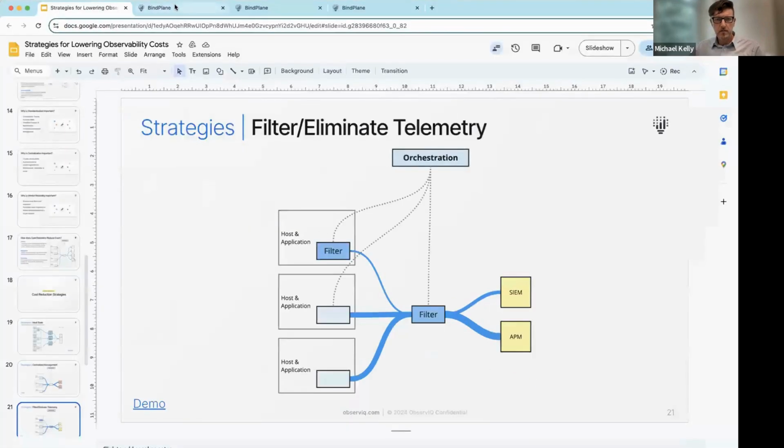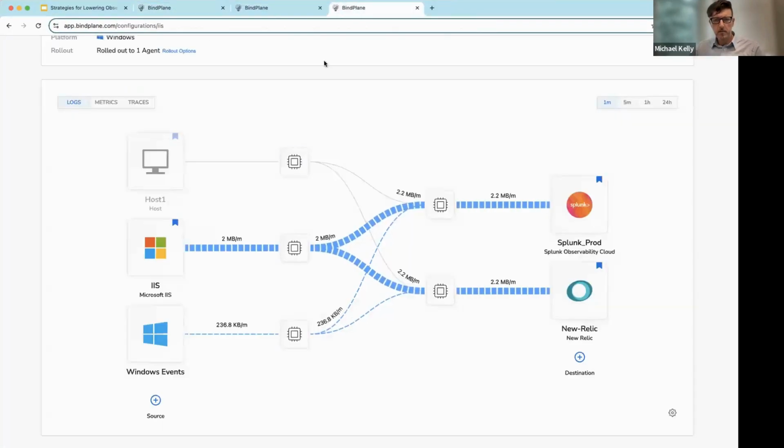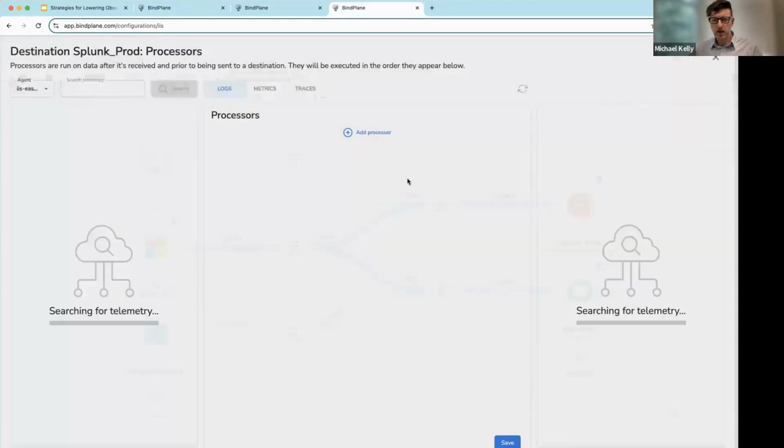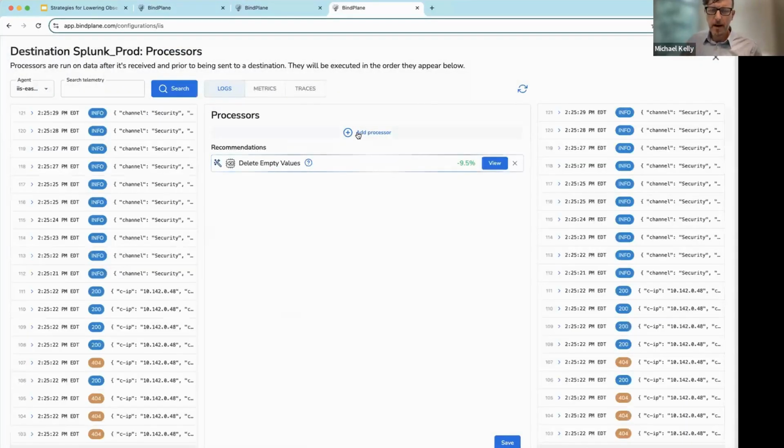To do that in BindPlane, we can do a couple things, but to give you a sense of what this looks like, if we go into one of these processors, these are managing OpenTelemetry collectors. I'll show the raw configuration after, but everything that we're doing now, you can do within an OpenTelemetry collector.